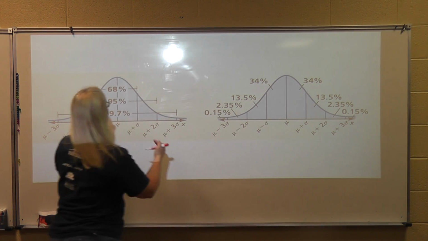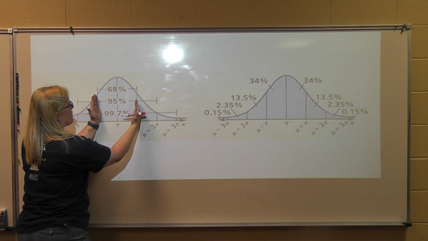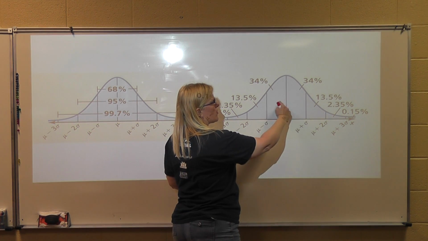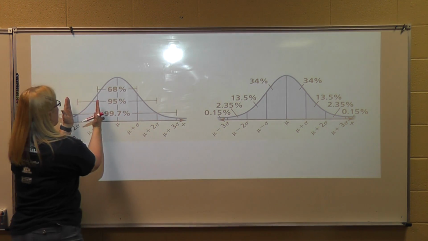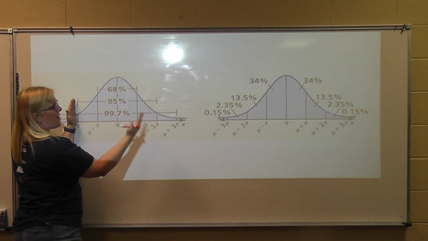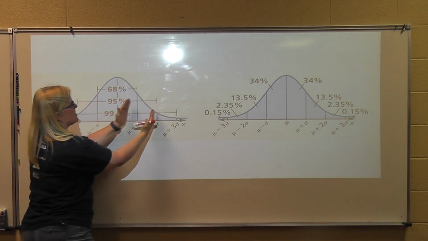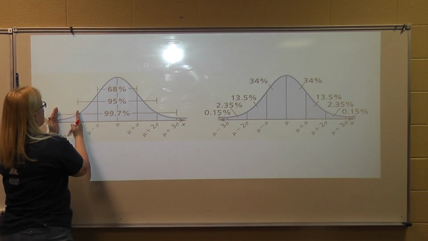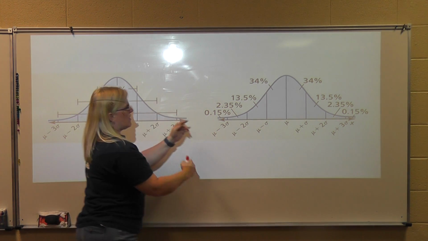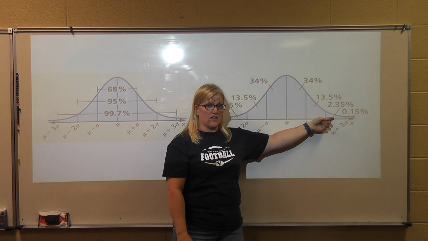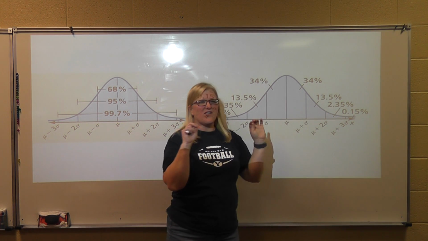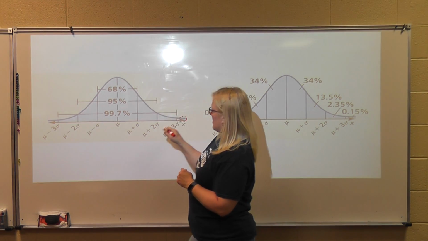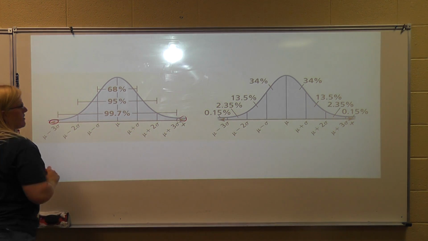Okay, but here we've got 68%. That's going from here to here. Well, if we cut that in half, we have 34% on both sides. Then we take the next bit, and I'm not going to do the math, but this section and this section are both 13.5%, and then this little piece and this little piece are 2.35% each, and then the very end is 0.15%, and that's these little stragglers here.